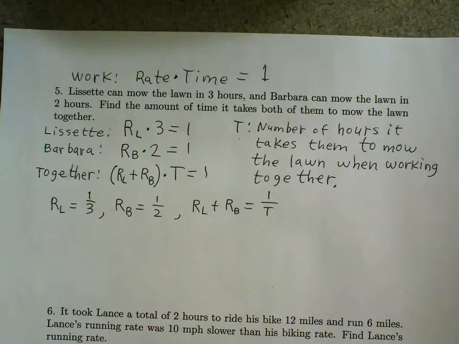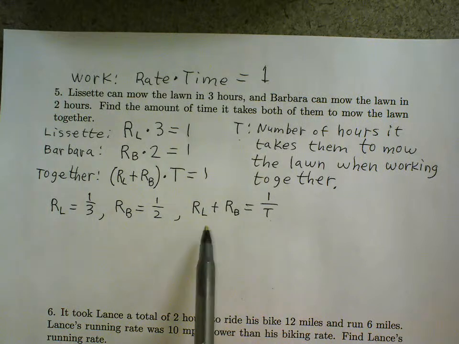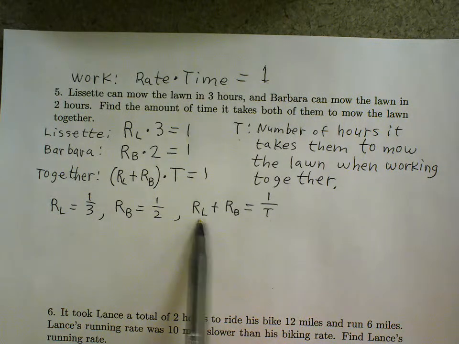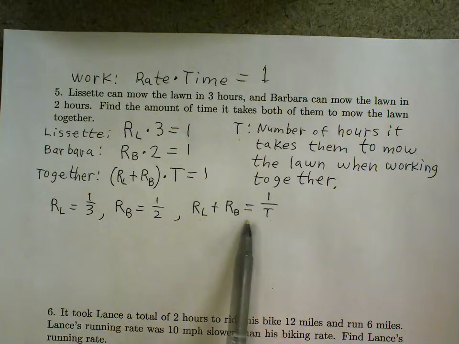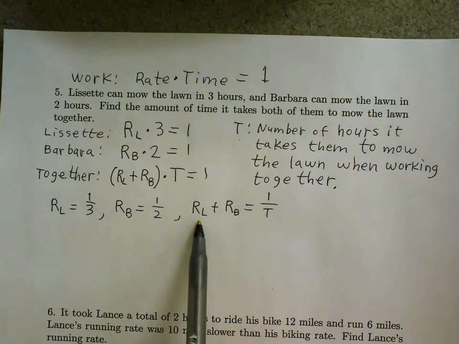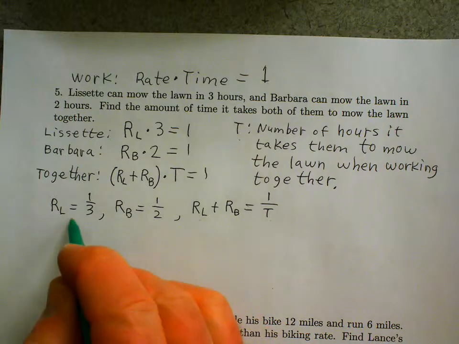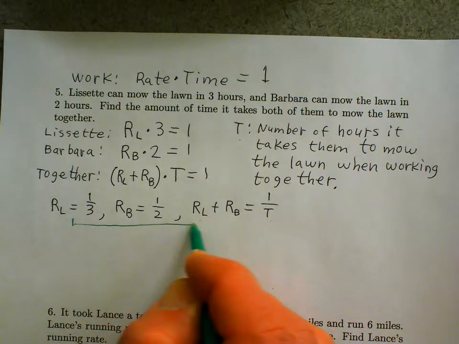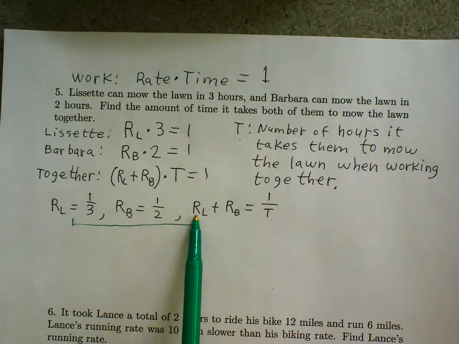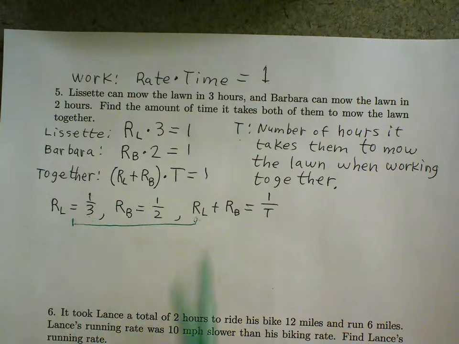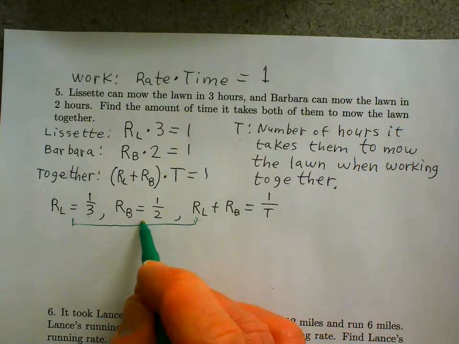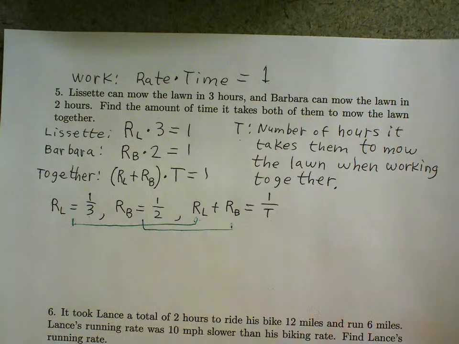You take their rate and apply it to that equation. Yeah, in this equation, when they work together, Lizette's rate plus Barbara's rate equals 1/T. We're going to replace Lizette's rate with 1/3, and we're going to replace Barb's rate with 1/2.